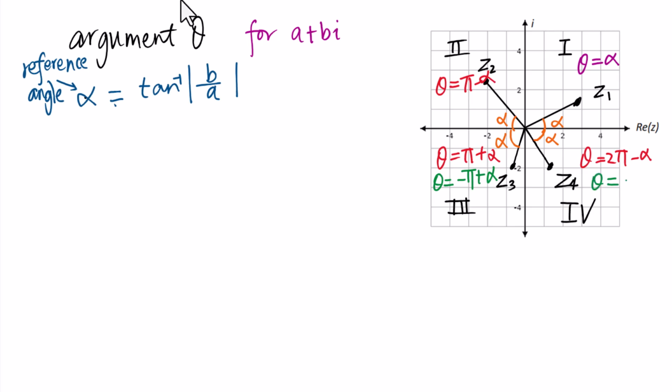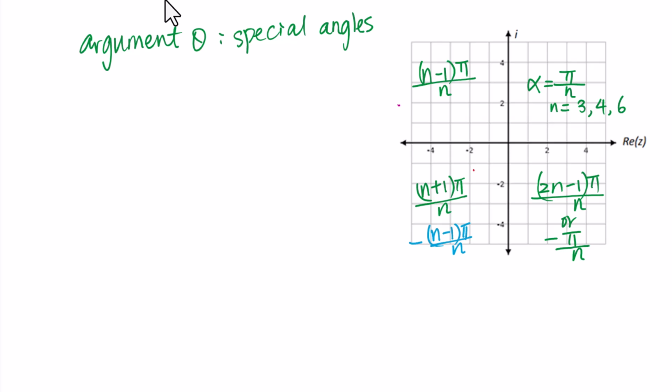Theta equals negative alpha. Let's talk about when argument theta is special angles. First of all, let's talk about quadrantal angles: 0, pi over 2, pi, 3 pi over 2.